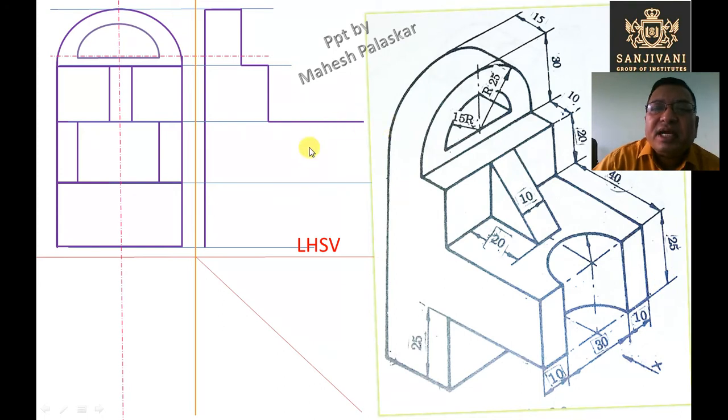So from this point a vertical line is drawn 25 mm long, of course up to this projector, right? And then again we draw a thin line here, it also acts as a projector, and then we draw this horizontal line here. The length of this horizontal line is also 40 mm, because this distance is 40 mm, it is parallel to this line, okay?